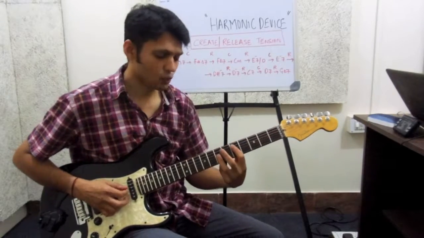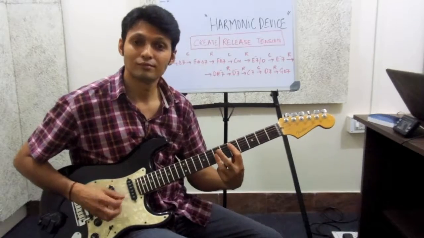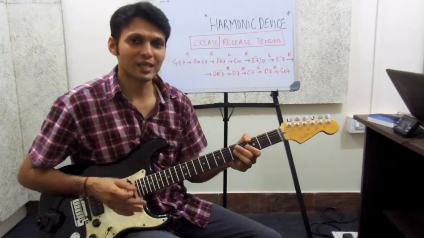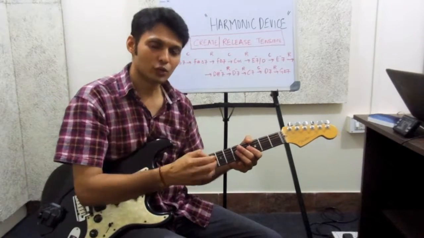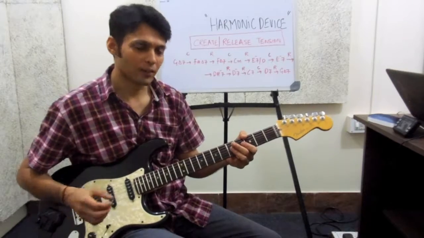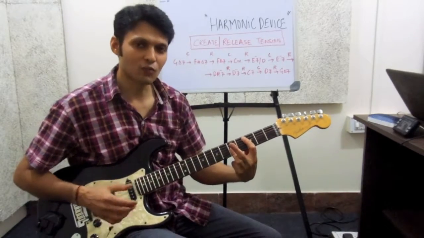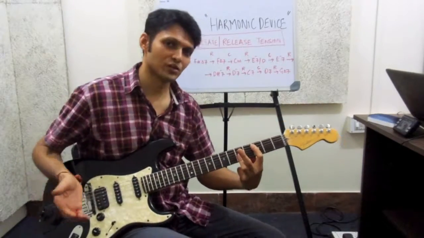You hear that in context? 1, 2, 3, 4. So it's gotten released a bit. Now whenever I say creating or releasing tension, it's always going to be with respect to the immediate previous chord. So F major 7 feels like releasing the tension somewhat of the previous chord, which is F sharp major 7.